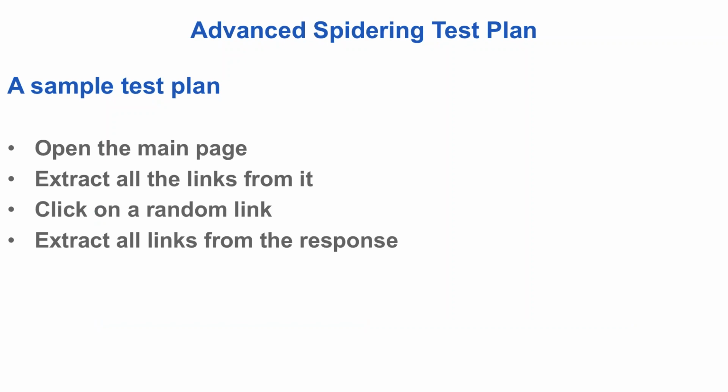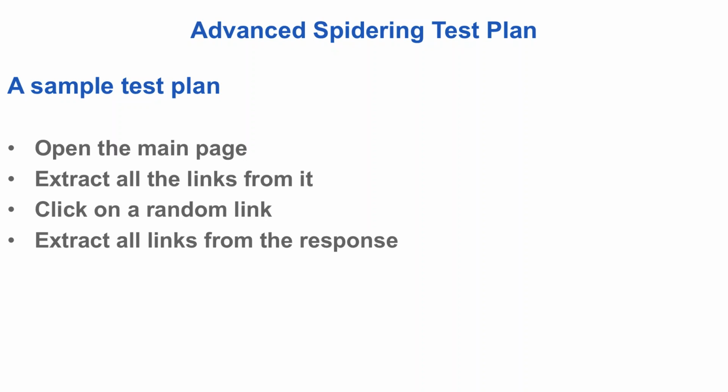Below, you can see a reference test plan outline, which you can use as a skeleton for your spider on your application. So what you want to do here is open up the main page, extract all the links from it, click on a random link, and then extract all links from the response.